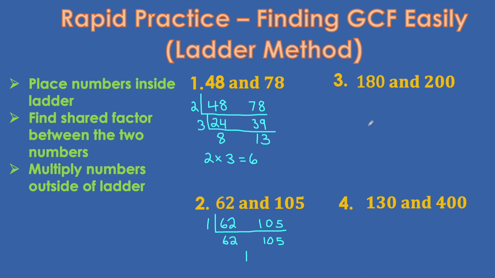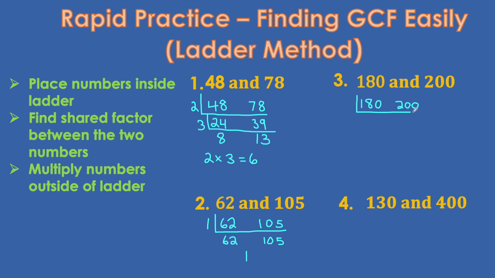Looking at number 3, find the GCF between 180 and 200. First, we're going to write down our numbers. 180, 200. Find the common factor between 180 and 200.